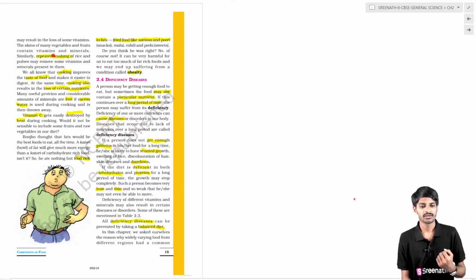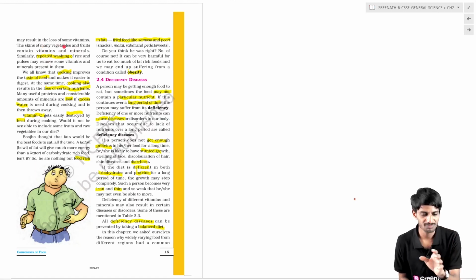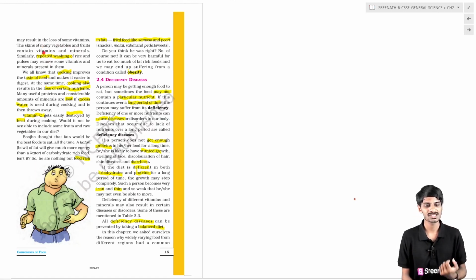And if you overheat any food item, you will lose nutrients. The skin of many vegetables and fruits contains so many vitamins and minerals.